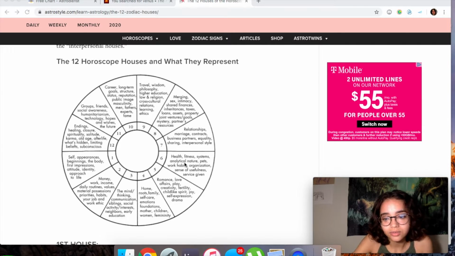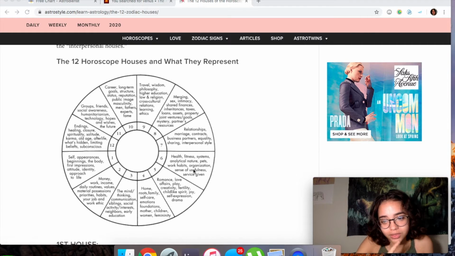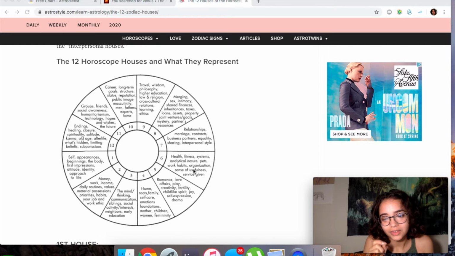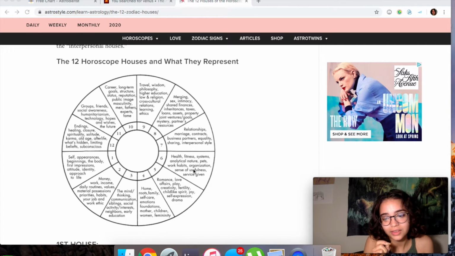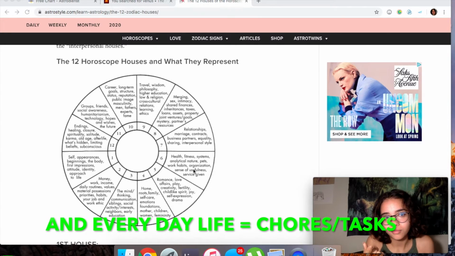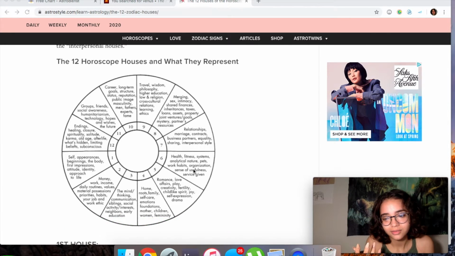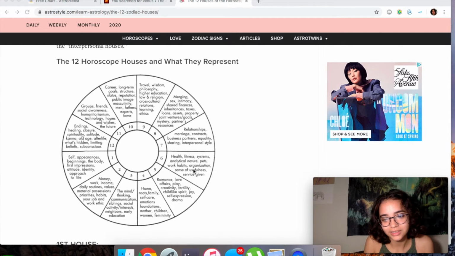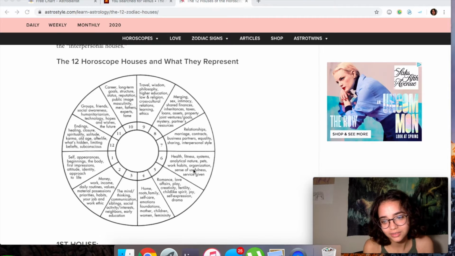Sixth sign, Virgo. Earth sign, very analytical, very detail oriented, and that makes them take care of things and their health more often because they live with that perspective, so they see things that way, and that's how it is, period.